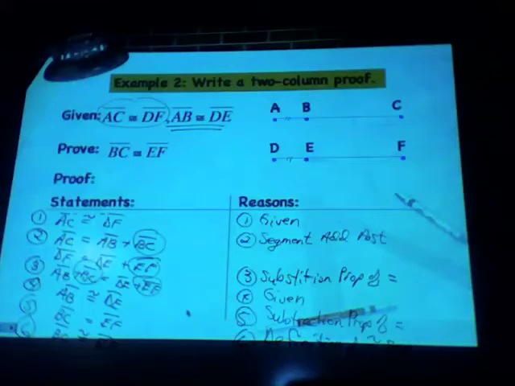Now it's slightly shorter than what's on your sheets, right? But look at what's on your sheets. Can I erase this? Okay. Look at what's on your sheets, and I want you to see which one makes more sense. Mine or the one that's on your sheet. And I'll put it up here in just a second.